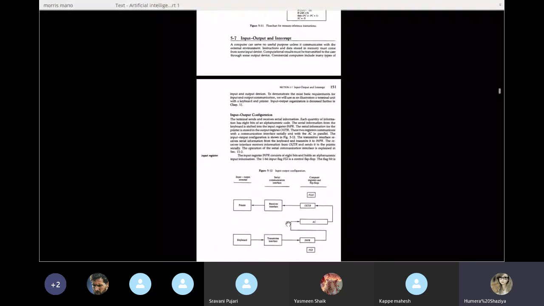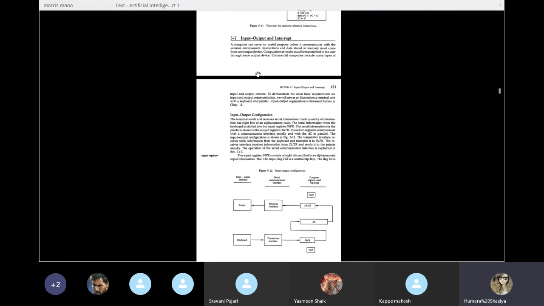Okay, today's topic. We have learned that there are three types of instructions: memory reference instructions, register reference instructions, and input output instructions. Memory reference instructions are AND, ADD, LDA, STA, BSA, BUN, ISZ. There are 7.